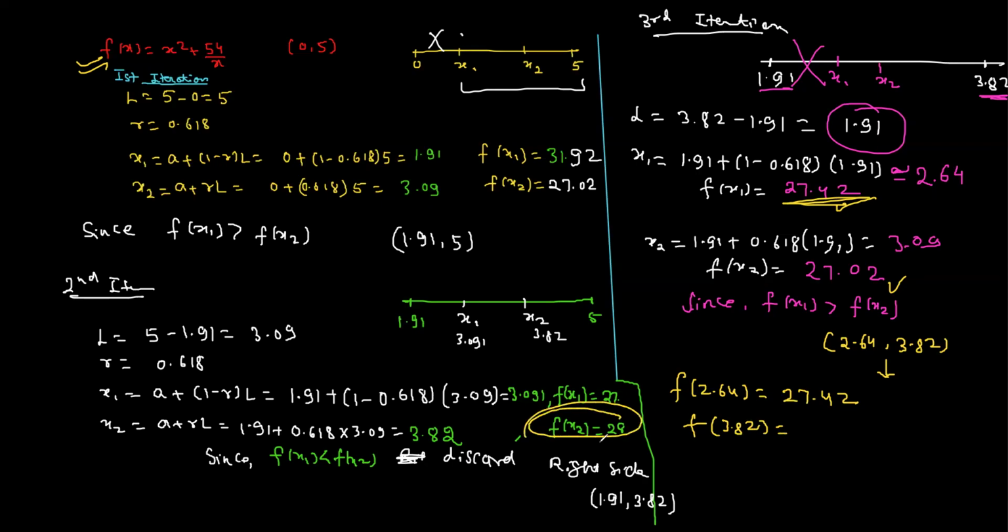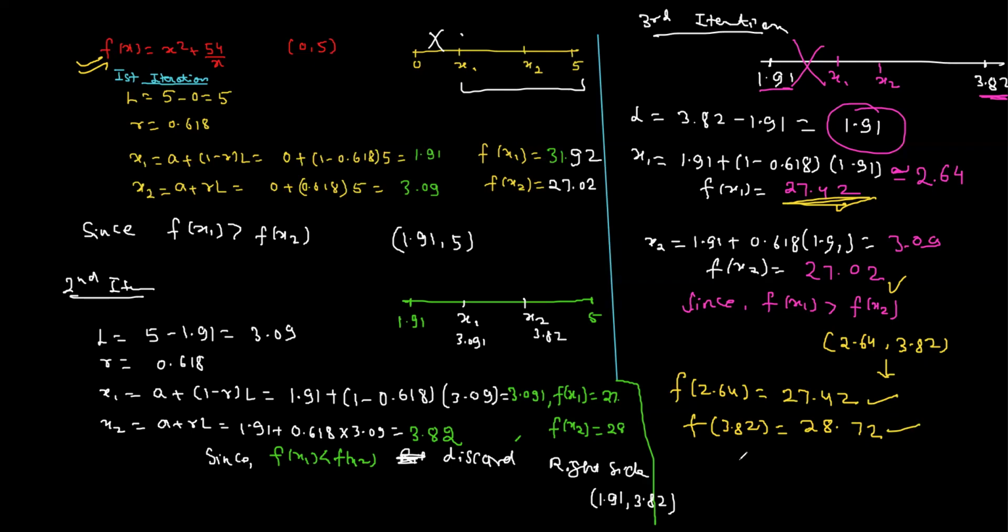In the previous iteration you have done, it is 28.72. Right? So your minimum value lies between this and this.